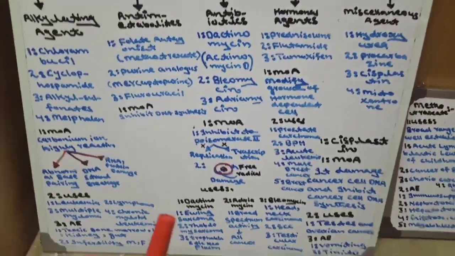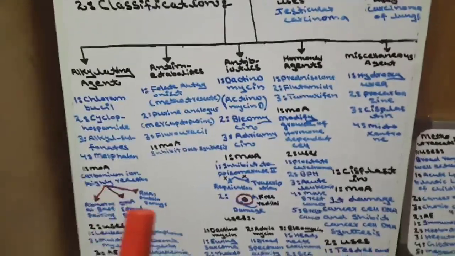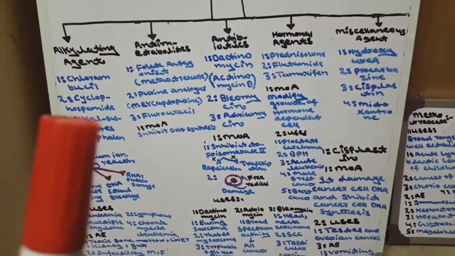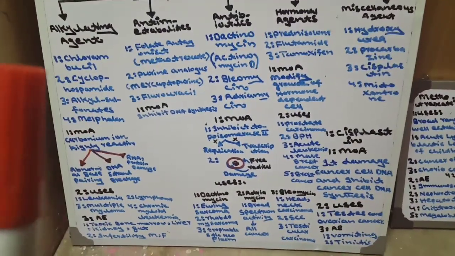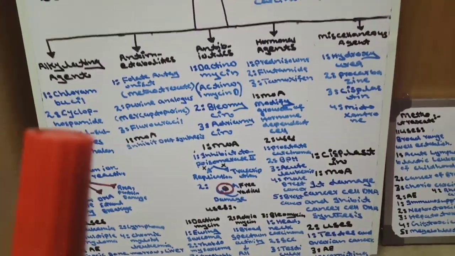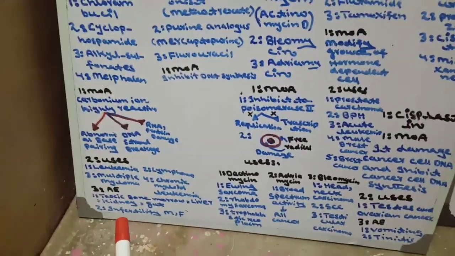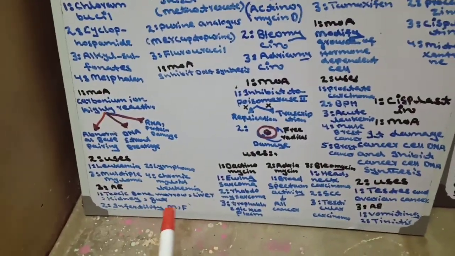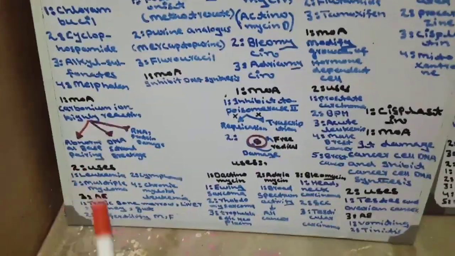The first question is, which drug's adverse effect is infertility in male and female? This is alkylating agent. Infertility in male and female.